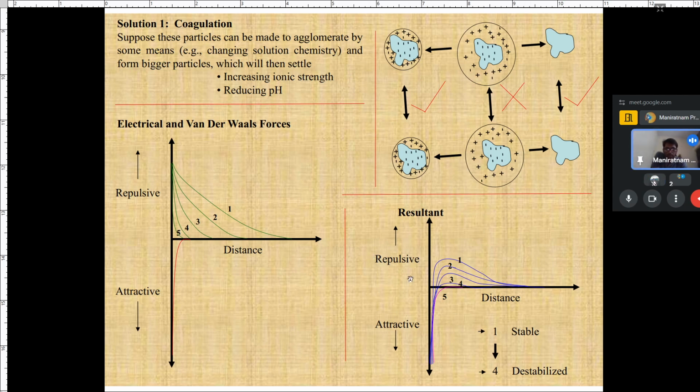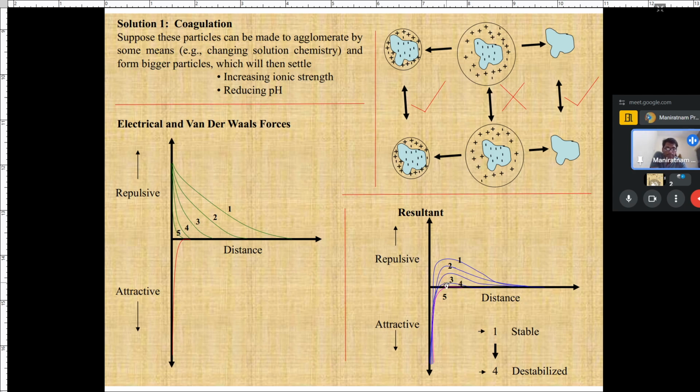In this diagram you can see how we generalize the attraction and repulsion force. Initially, at a large distance, the repulsive force was dominating.